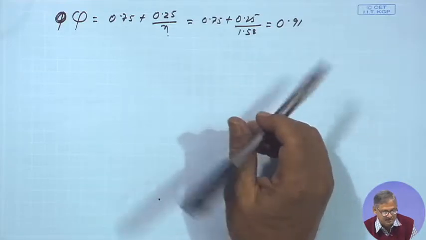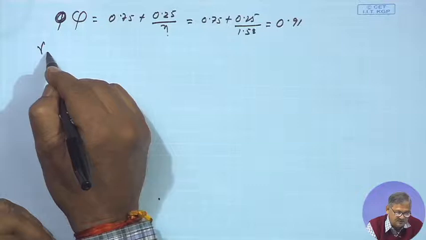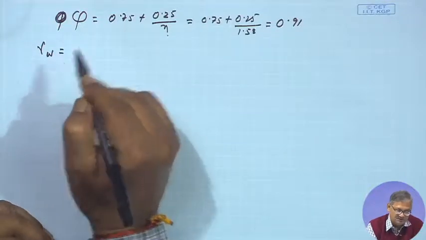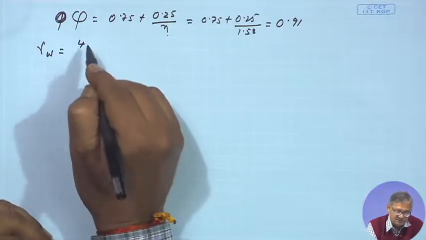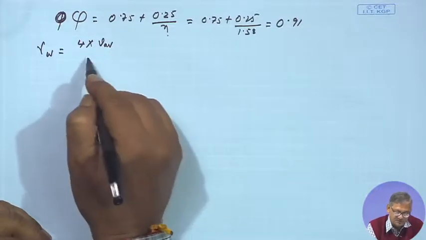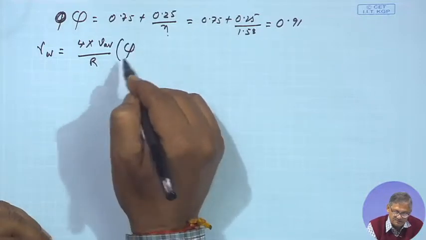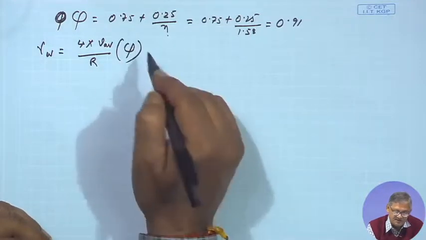Now, let us look at the other. Gamma at the wall was 4 times V average over R into psi, right.